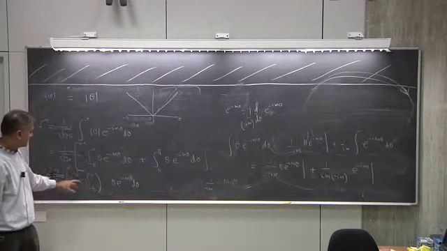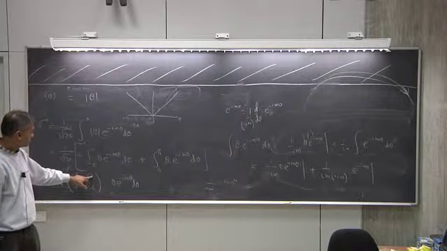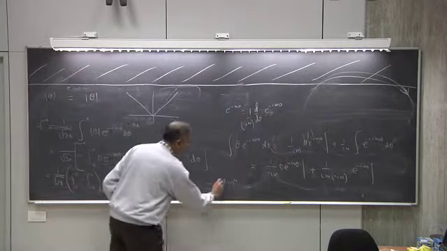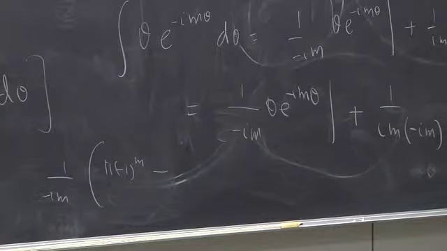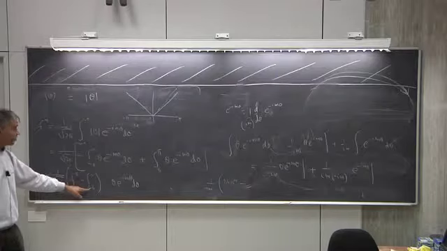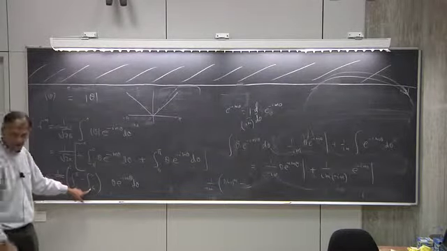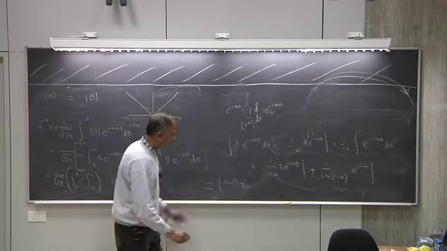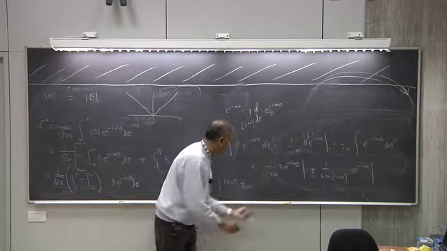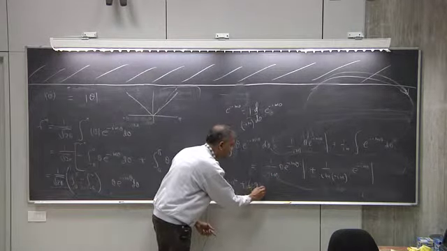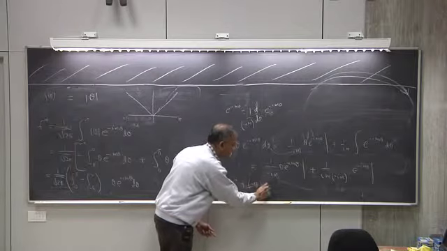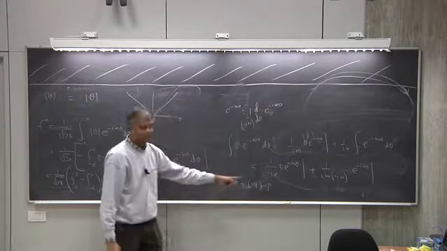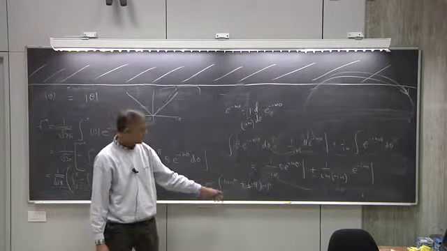Then the second one, again theta equal to 0 has a minus sign and doesn't contribute, but theta equal to minus pi is a lower limit, so it's another minus, which makes it plus. Evaluated at theta equal to minus pi, it gives you minus pi times again minus 1 to the m. So this vanishes.